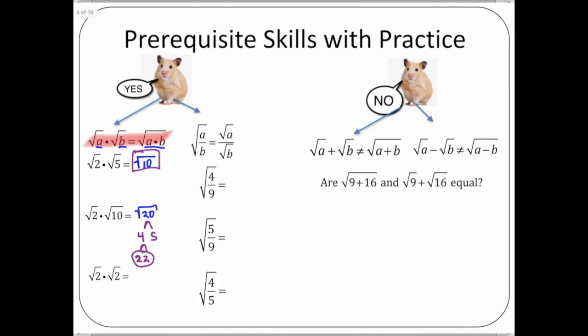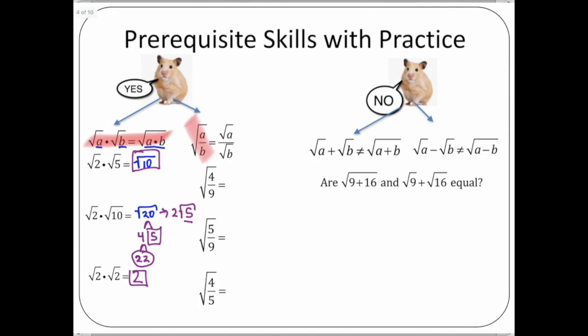The 2's are paired up and come outside the radical sign, and I get 2 with whatever's left, the square root of 5. And like I said in the last video, any square root multiplied by itself just gives us that number, okay?